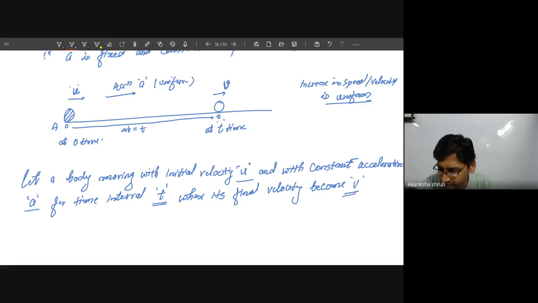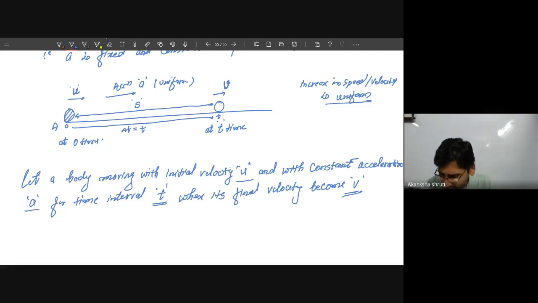So this is the v. And in this process, while the object is traveling or moving, it will cover a certain displacement. That displacement is denoted by s.